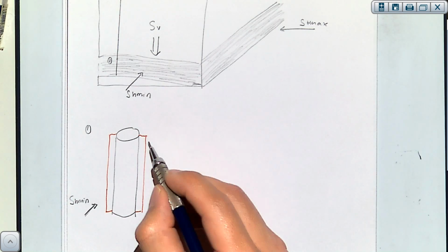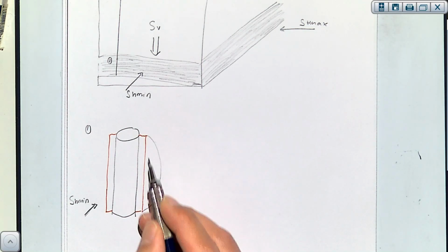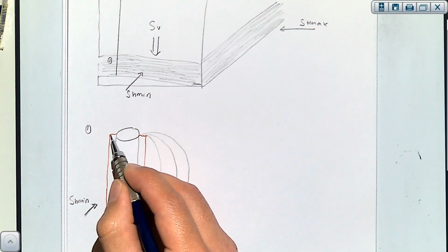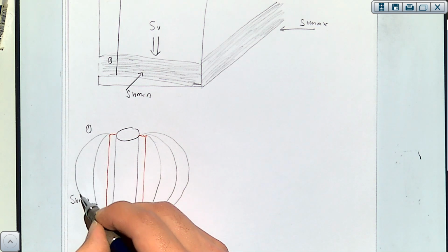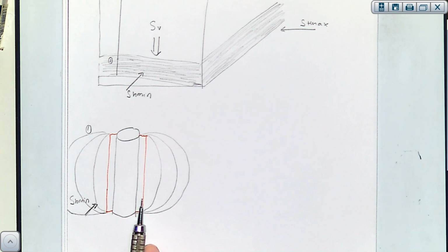So, let's assume that the fracture height is limited to this height. So it's just going to continue opening like that in the same plane of the tensile fracture at the wellbore.